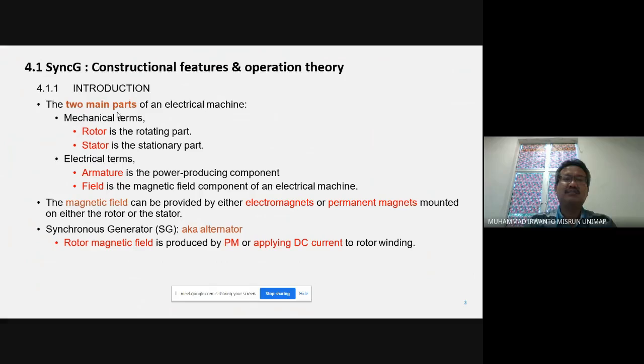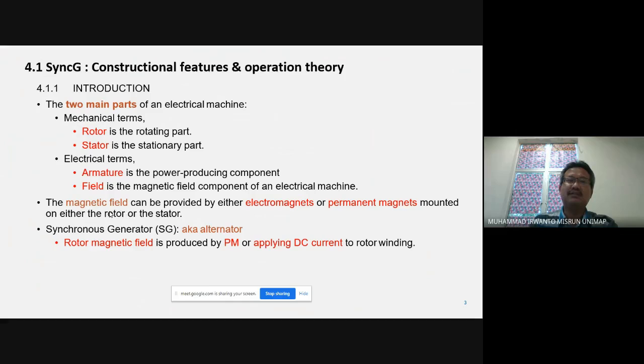And the second term is the electrical term, which is also divided into two parts. The first is the armature. The armature is always constructed in the stator, normally to produce the power, in the stator of the synchronous generator.